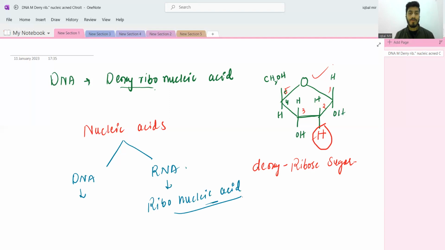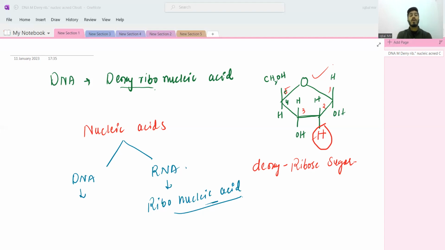Ribonucleic acid. Okay. So in this chapter, we are going to discuss the structure of DNA, its replication, the process of making RNA from DNA, that is transcription, and the genetic code that determines the sequence of amino acids in the proteins. That we will also study. Okay. So let us start with the DNA.